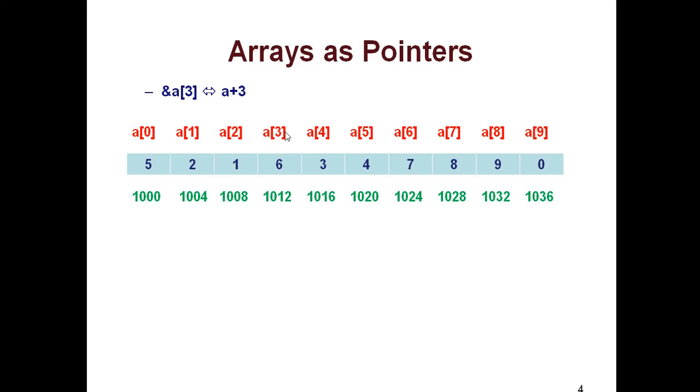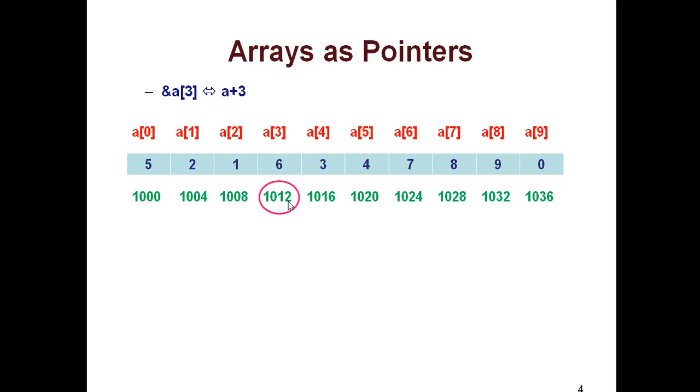A of 3 is this, and address of a of 3 is nothing but the memory location where it is stored. So the address of operator is just put before this expression a of 3, and instead of the value 6, you get the address where that value is stored. So the interpretation of address of a of 3 is nothing but 1012 in this array a.